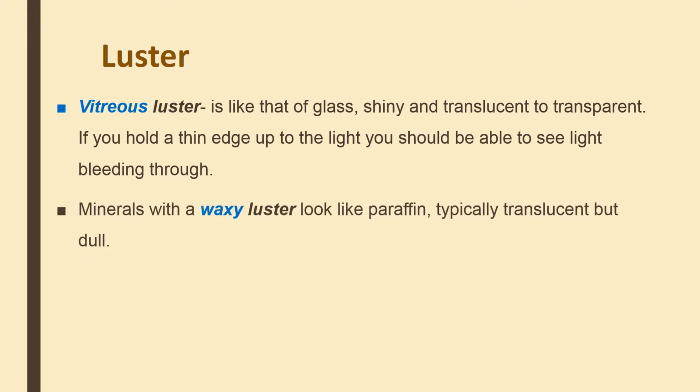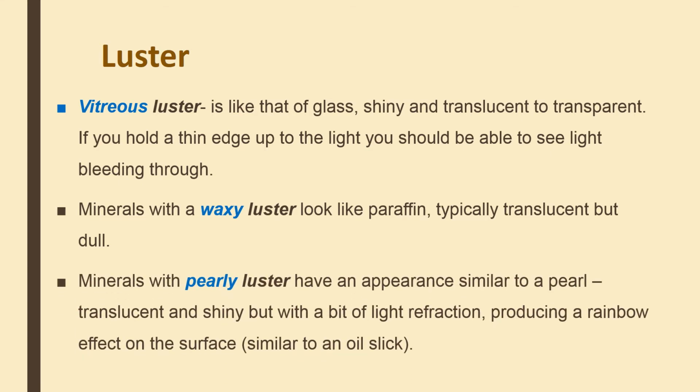Minerals with waxy luster, another type of luster, look like paraffin, typically translucent but dull. Also, you have one more type called pearly. It's like pearl. They have an appearance similar to pearl, translucent and shiny.